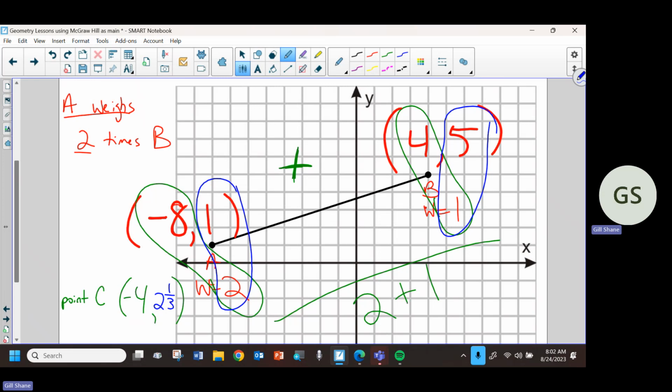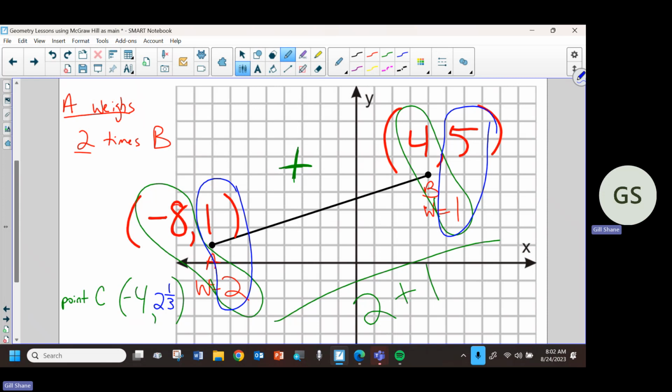All right, so now if we did this correctly, when we go to put point C on the line, because we have an x and a y now, it better be on the line, not somewhere else in the graph. If it's a 2 1/3, we won't know exactly that it's on the line, but if it's close enough, we can assume we got it right.